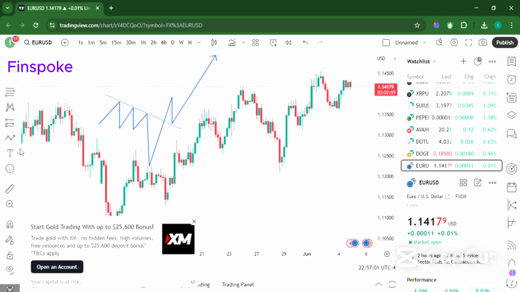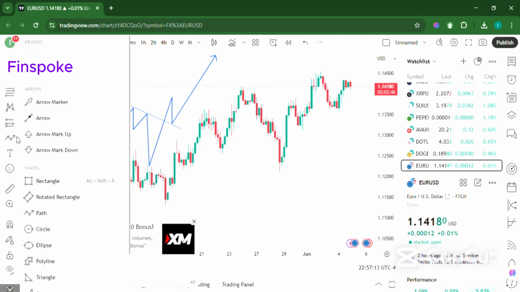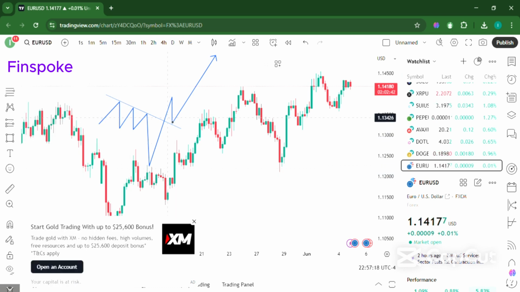Now, if you understand this chart pattern, you can always take advantage of it. You want to enter the trade, you can enter the trade here. You can enter the trade here. At the retest, you can enter the trade here.